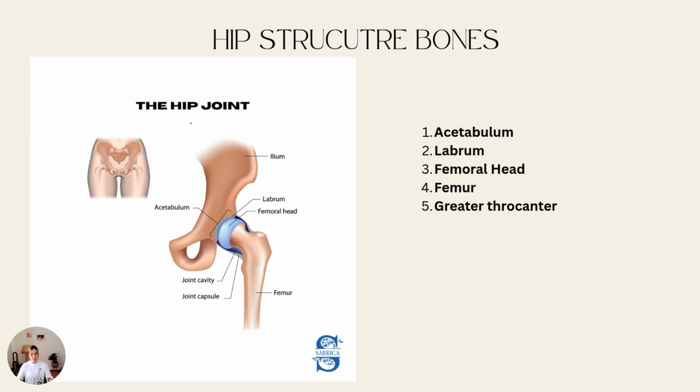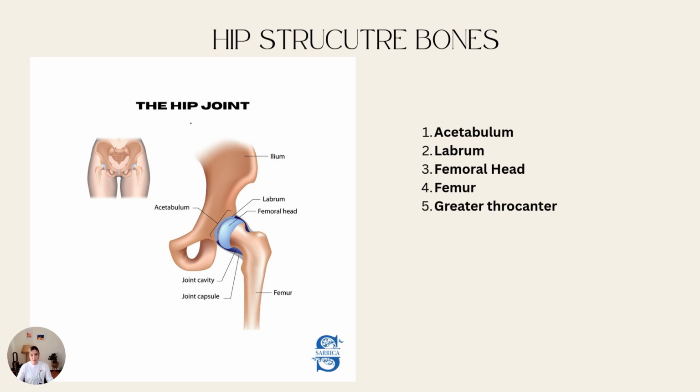And it's important to acknowledge that you may have a labral tear but experience absolutely no symptoms. You can be asymptomatic. So not every labral tear is the same. Again, structure doesn't equal pain. We probably know that by now.